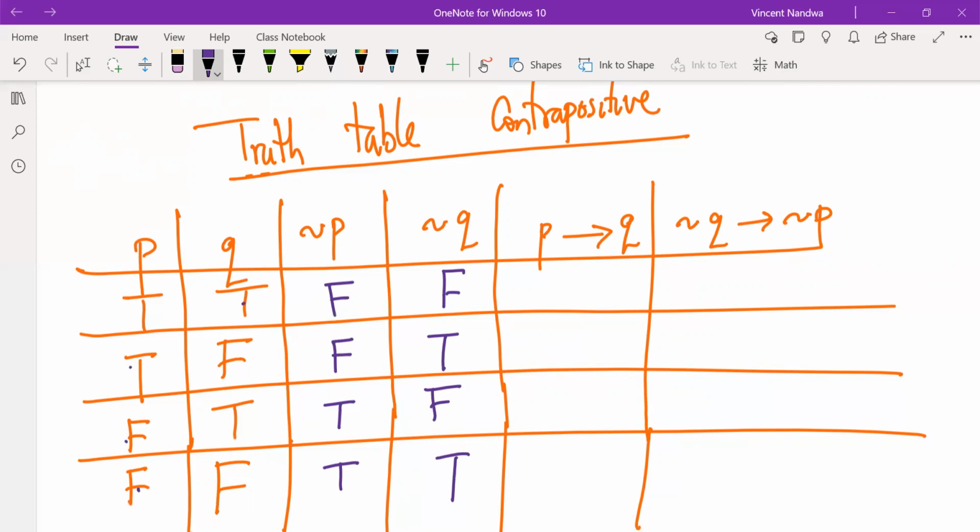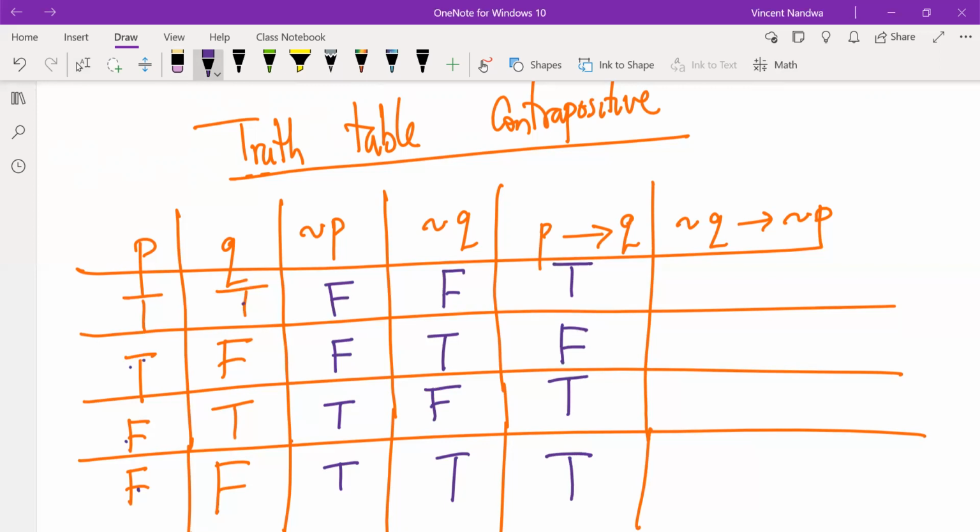Now, P implies Q means that we'll get false only when P is true and Q is false. So P true, Q false would give us a false value, but the rest will be true.